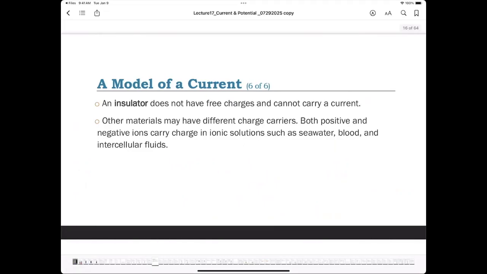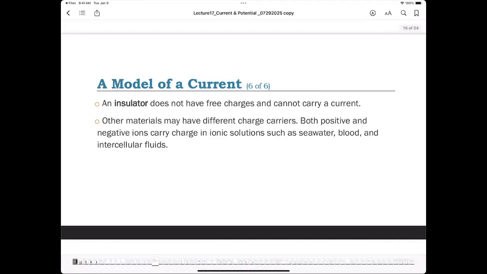Okay, let's continue to talk about the model of current. An insulator does not have free charges and cannot carry a current. If you connect a metal wire in the circuit, it has a current.